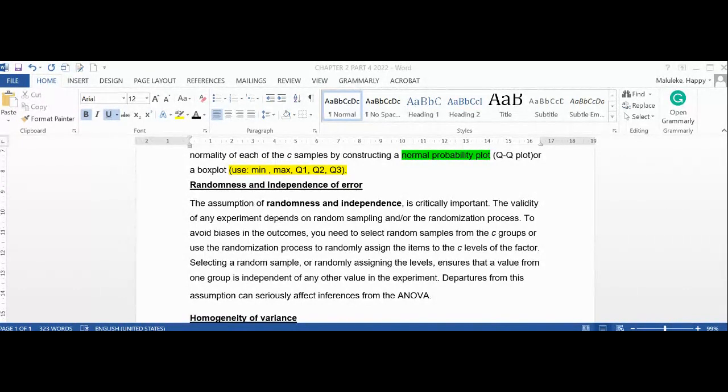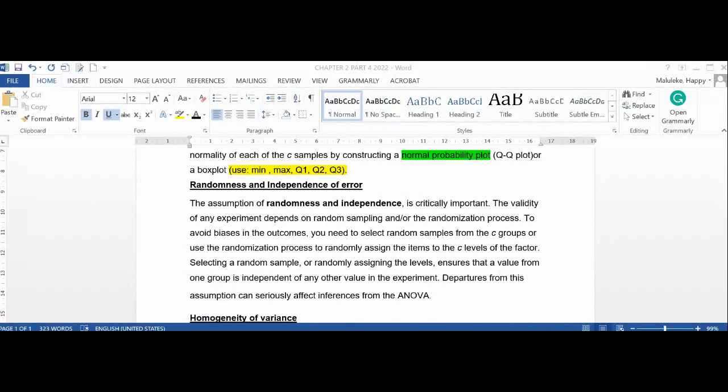So you know why you have to. The errors are not supposed to be related. The errors should be independent. So if the data is random, we expect the errors to show no pattern. So that's what we mean by that.